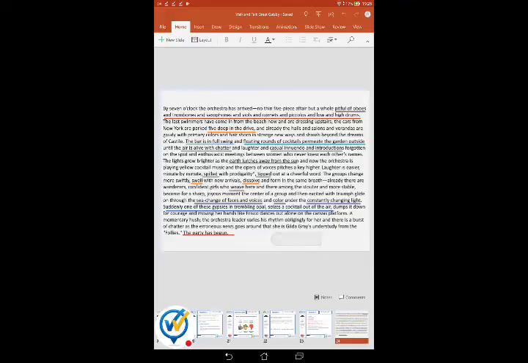So, "by 7 o'clock the orchestra has arrived. No thin 5-piece affair, but a whole pit full of oboes and trombones and saxophones and viols and cornets and piccolos and low and high drums." So here we have a wonderful list. Instantly I'm drawn to this: the writer is telling me how extravagant this party is.